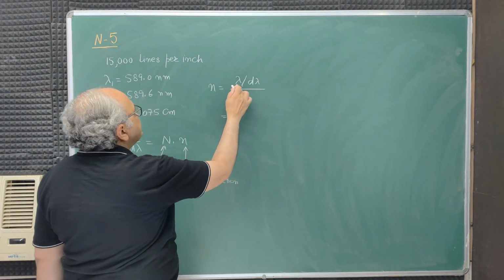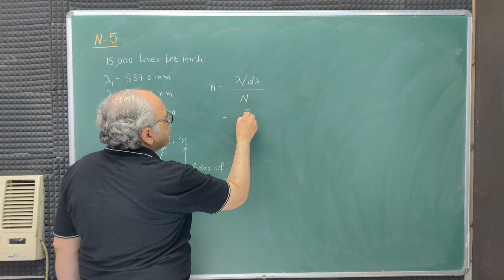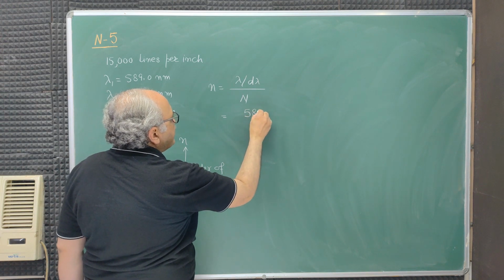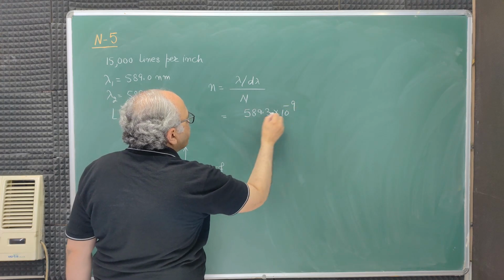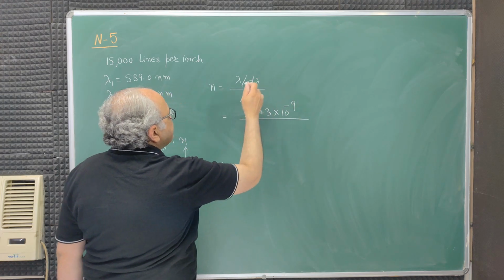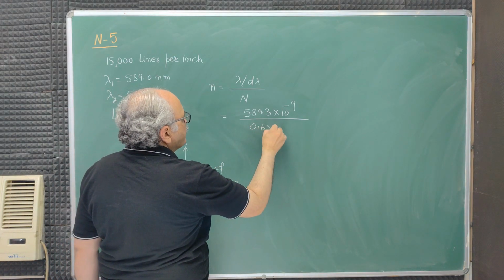The wavelength is to be taken as the average of the two, and that is equal to 589.3 nanometer, divided by the difference of the wavelengths, which is 0.6 nanometer.